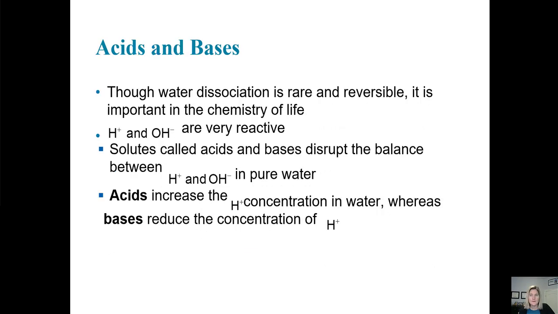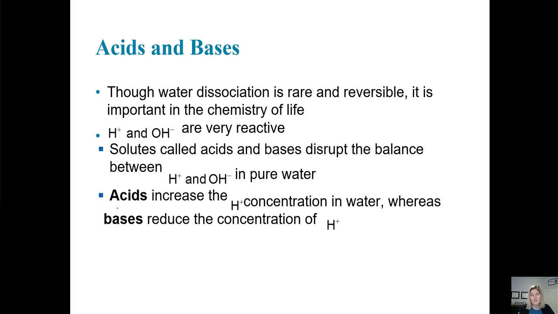So water dissociation is rare and reversible, but it's important in the chemistry of life. Hydrogen ions and OH negative hydroxyl ions are very, very reactive. So solutes called acids and bases can disrupt that balance between the hydrogen ions and the hydroxyl ions in pure water.